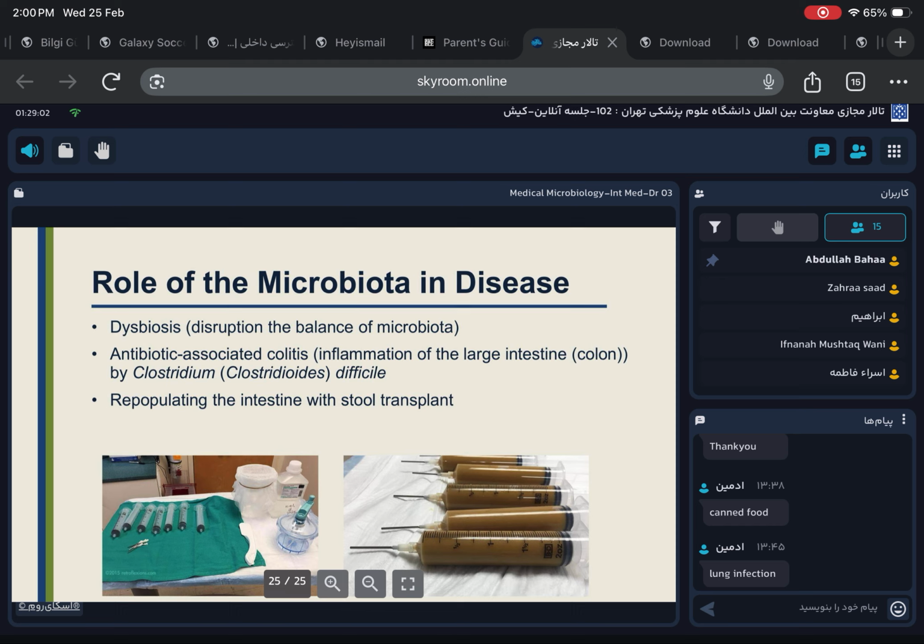The patient who's suffering from this type of colitis has diarrhea. As a physician, you need to prescribe other antibiotics to treat this type of colitis. And sometimes the infection does not respond properly to the antibiotics.